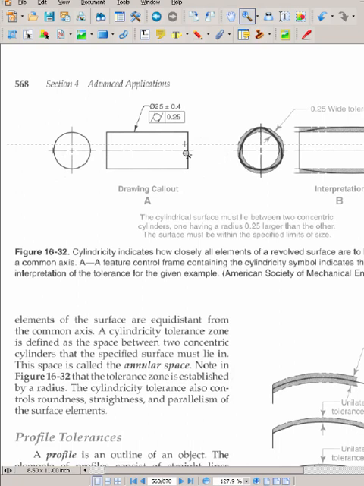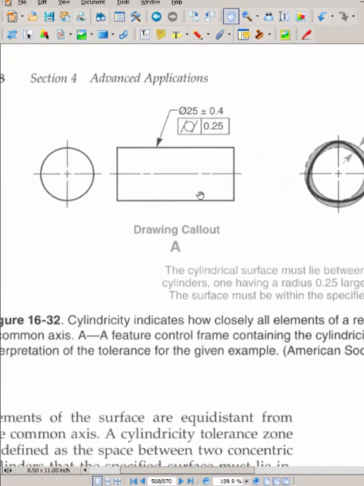Cylindricity is not that different in appearance than that of concentricity, in that, of course, again, they do show it where it's just an add-on to an existing dimension. There's your symbol, there's your tolerance zone, and here's what happens in reality.